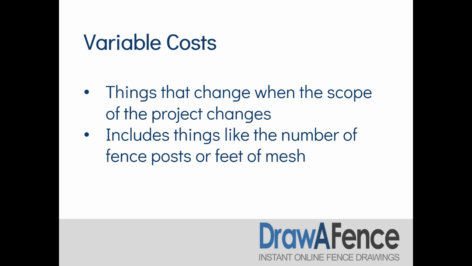So when you're installing a specific kind of post, there's a certain amount of time that's required for that. So that would be a variable cost associated with that kind of thing. So that's also why if you give someone a unit rate, you need to include both material, labor, overhead costs, accommodation, all those things in your rates so that you're covered for everything when you're progress billing.